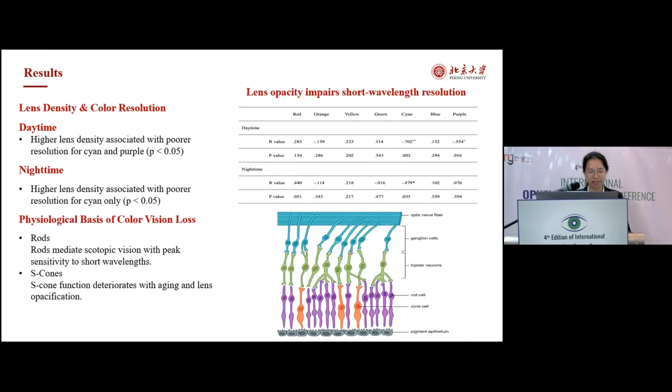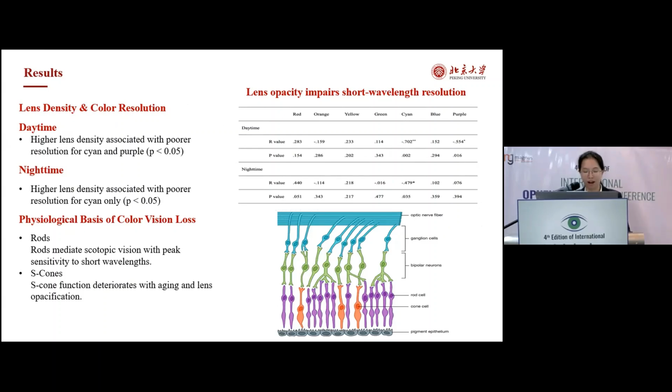We also examined the relationship between the lens density, measured objectively using lens densitometry, and the color resolution across different wavelengths. During the day, higher lens density was associated with significantly poorer resolution for cyan and purple. These are the short wavelengths most affected by lens yellowing.